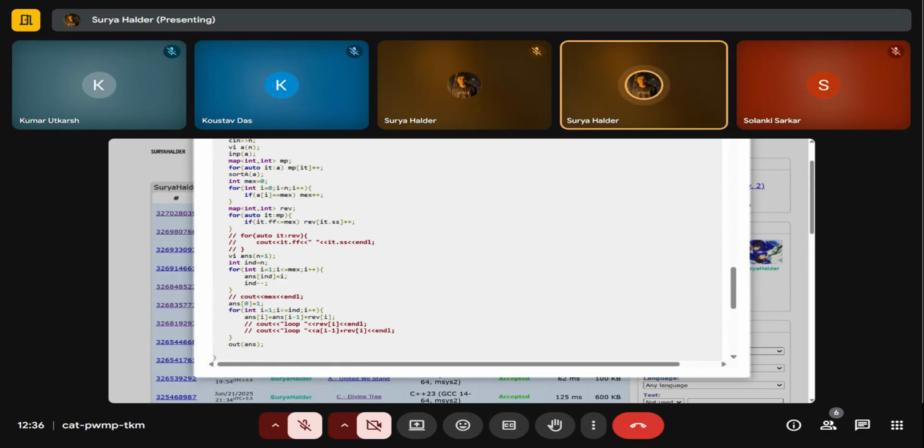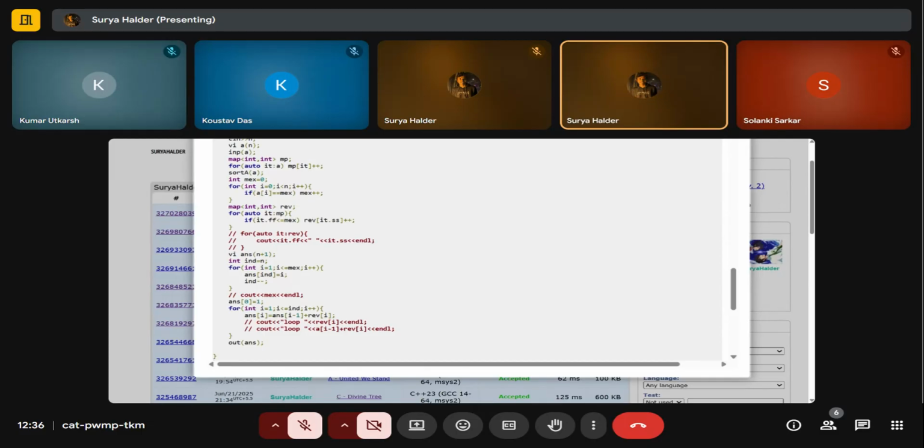So basically, reverse of 1 means how many elements are present, less than or equal to max, whose frequency is 1, having only one occurrence. Reverse of 2 means how many elements are present with value less than or equal to max such that they have two occurrences.